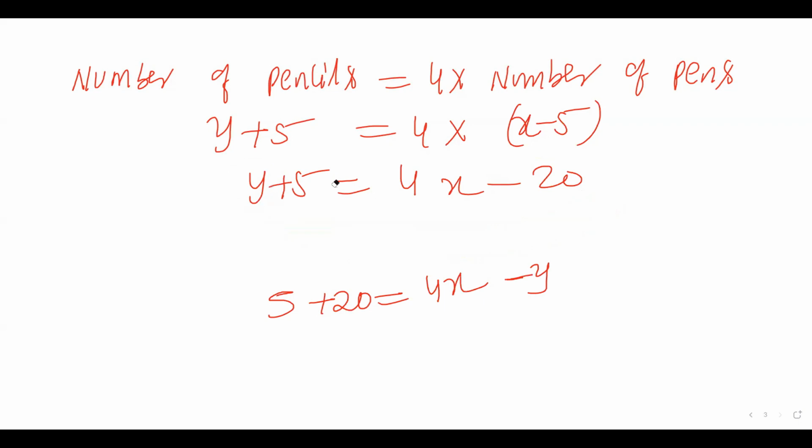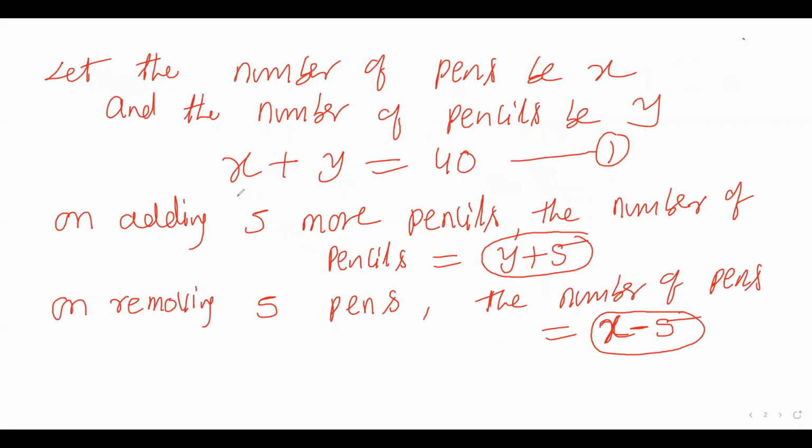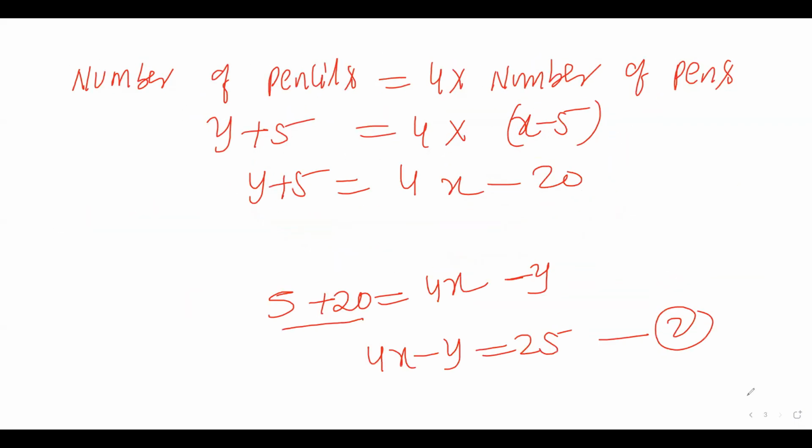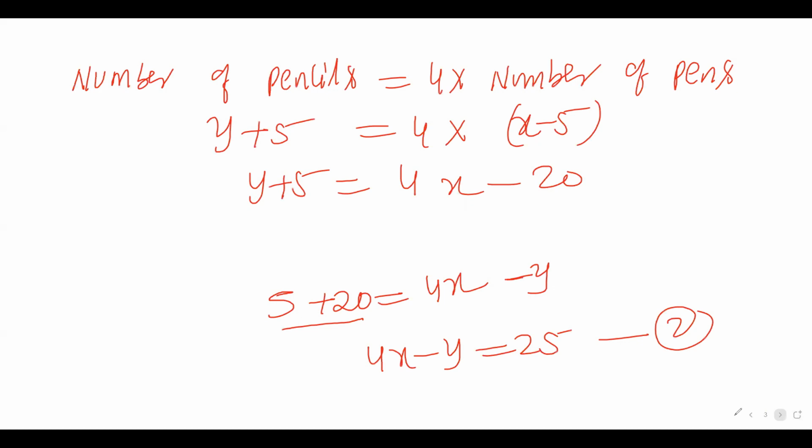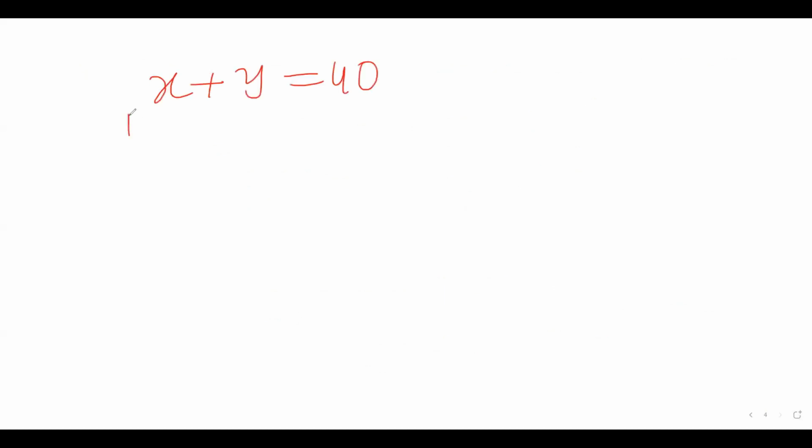Now 25, 4x minus y is equal to 25 is my second equation. So already I got the first equation. Let us solve both the equations to get the number of pens and the number of pencils. So first equation is x plus y is equal to 40. Second equation is 4x minus y is equal to 25.